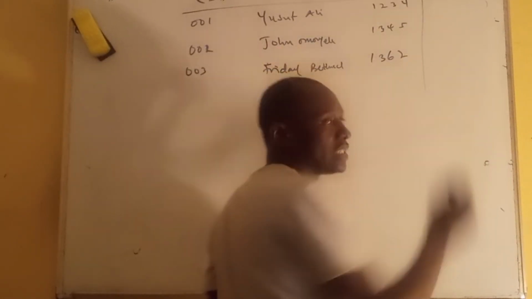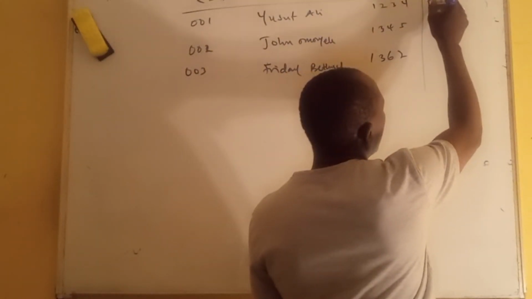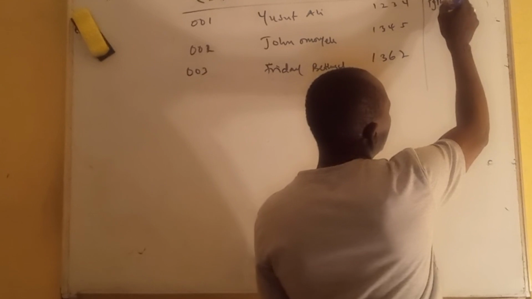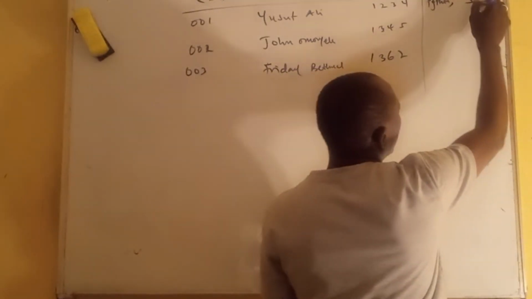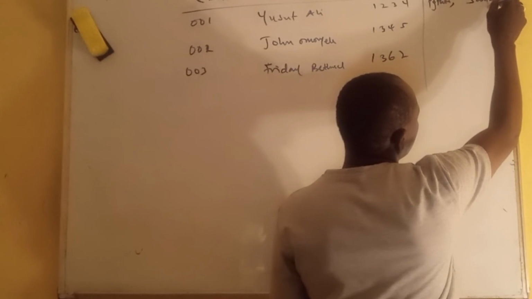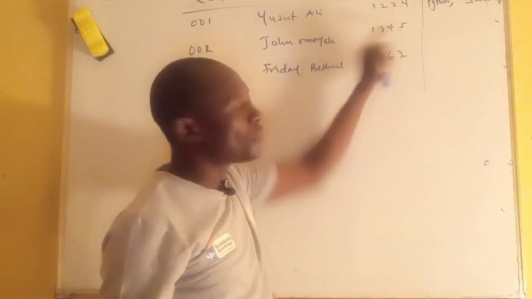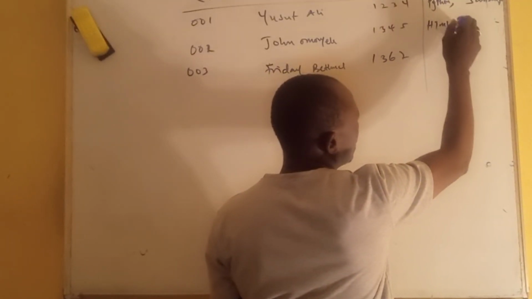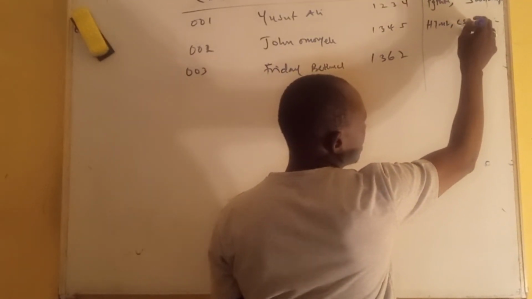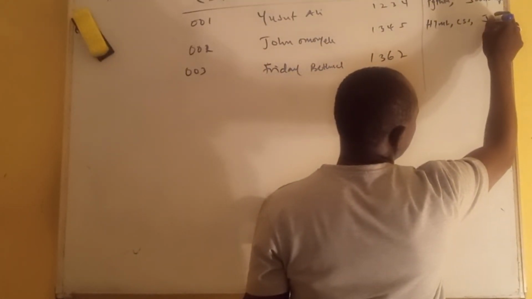In the skills column, the first one knows how to work with Python, comma, JavaScript, and that's all. The second person has HTML, CSS, then JavaScript, JS.